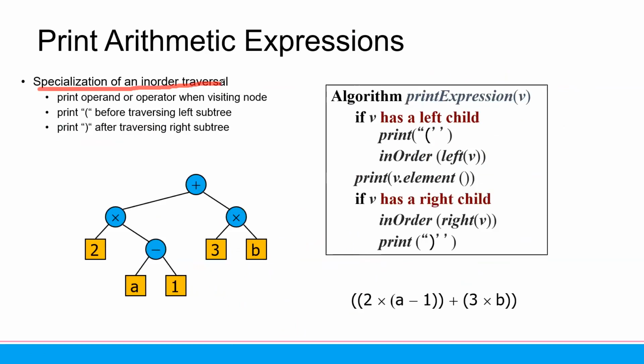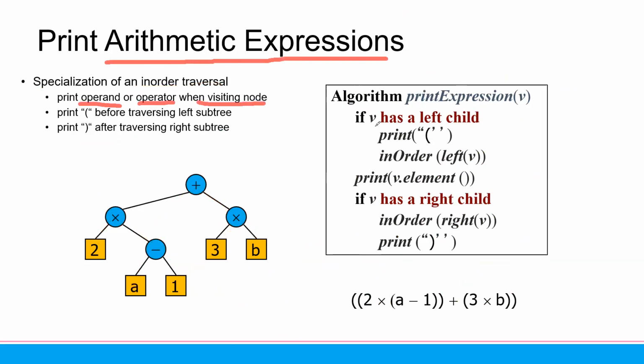In the in-order traversal, we visit the left node first, then go to the upper side, then check the left, then check the right, then go back, and check the left, and then check the right. Now we can do this with the arithmetic expression by printing the operand or the operator when we visit the node.